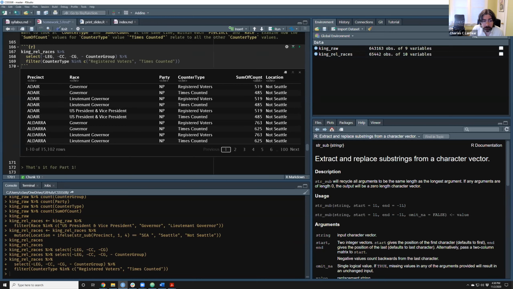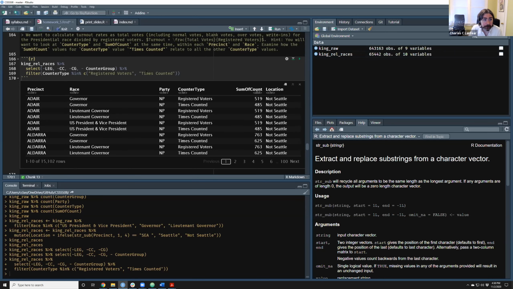What do we notice for governor, lieutenant governor, US president, vice president? Yeah, they're repeated. It doesn't matter which race you're looking at for registered voters, because that's just the number of people registered in the precinct. The number of times counted, the total number of ballots cast, is always the same for every single race. So technically, a single race is sufficient to count everything we want. There's no reason for us to even be working with multiple races here.